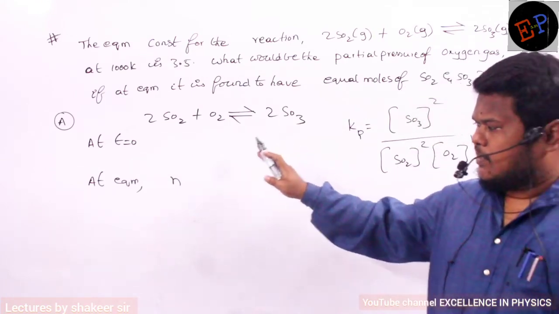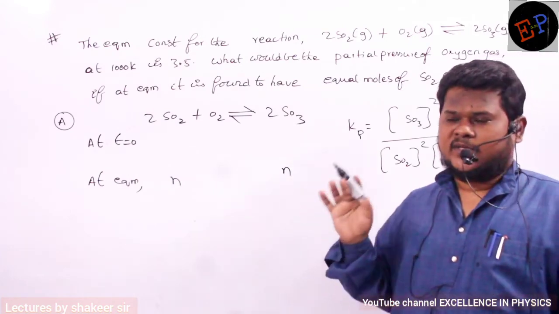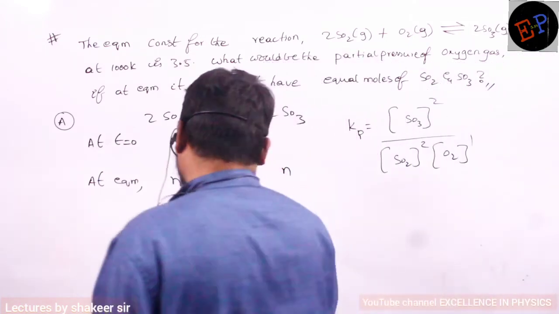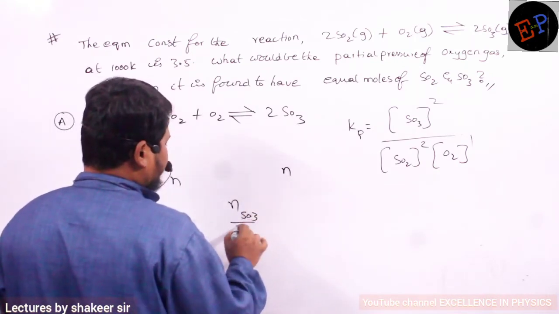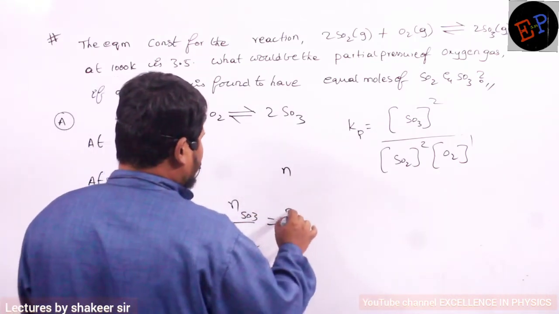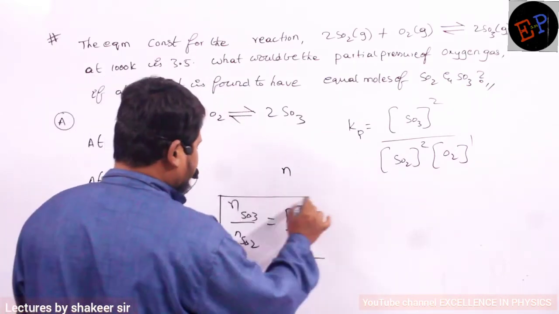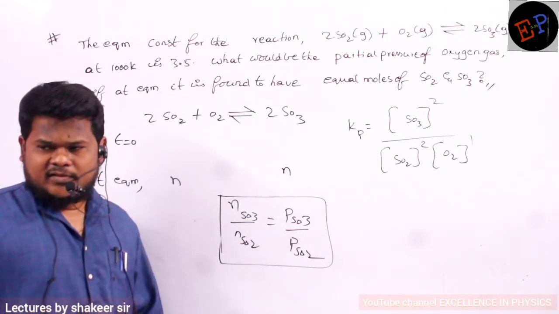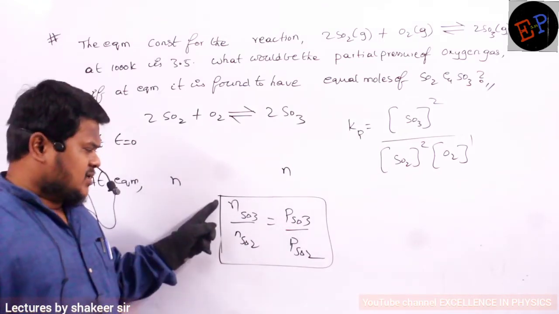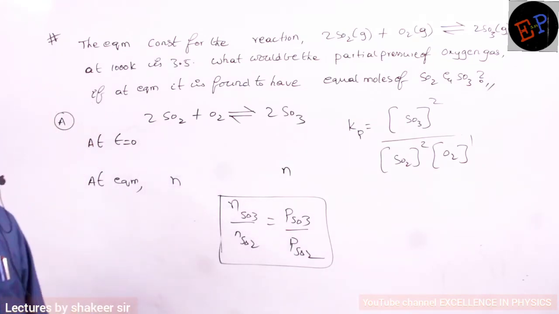If the number of moles are the same, their partial pressures also will be the same, because we have already studied. The same will be the partial pressure ratio also as the mole ratio of SO3 to SO2. This point you should never forget, because they are present in the same container. So the ratio of moles is the same as the ratio of pressures.